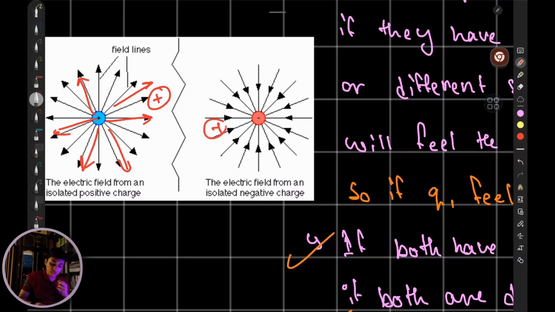When you bring a positive charge near a negative charge, it's going to be attracted, so the field lines are inwards. So we are always thinking from the aspect of a positive charge. If you're ever confused about the field lines, you can always introduce a positive charge and see in which direction the field lines are going to be.